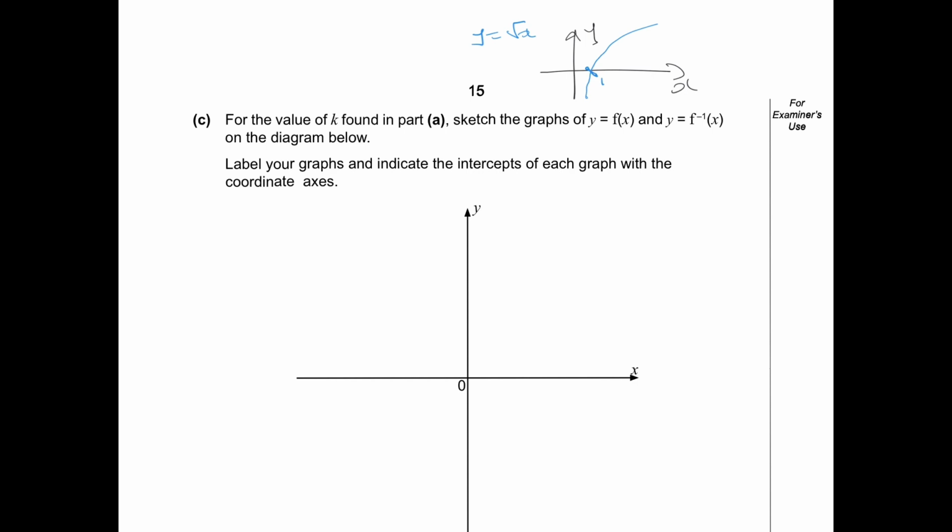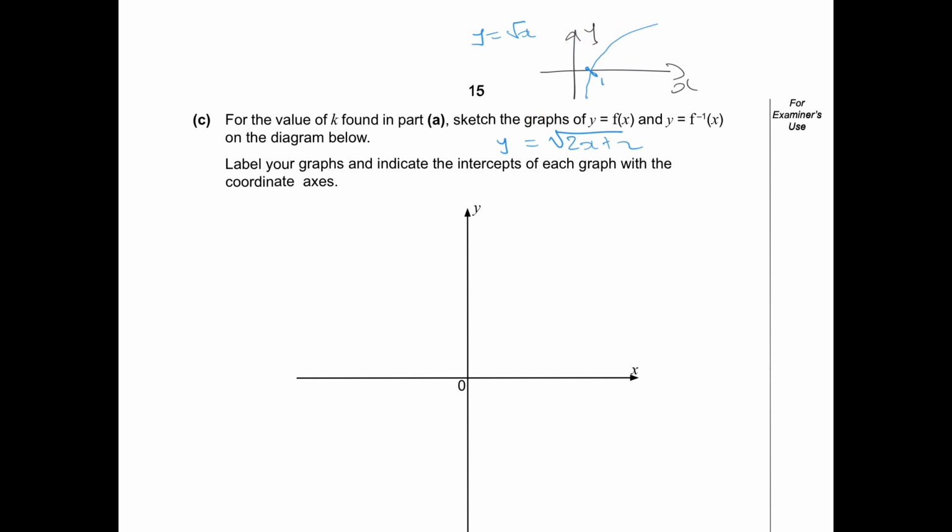But if you are now having y is equal to square root of 2x plus 2, how is the graph going to look like? Remember, the domain was starting from x is equal to -1, so this is where we have to start from. This graph was shifted this way.